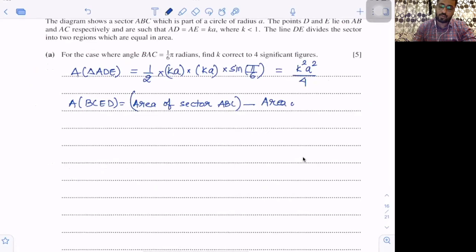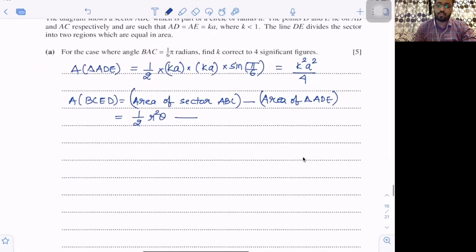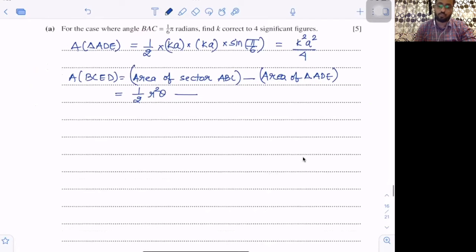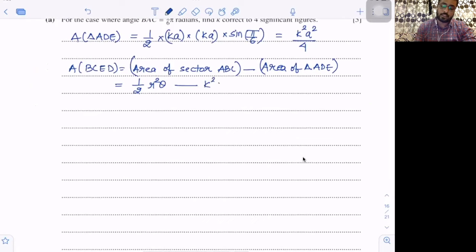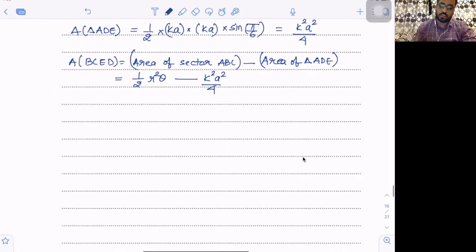If I do this, I'll get the area of the region BCED. So area of the sector is given by half r square theta minus area of the triangle ADE, which is already obtained by us as K square A square upon 4. So I can write here K square A square upon 4. Now tell me, what was the radius? The radius was A. The radius of the circle is A. So this would come out to be A square.